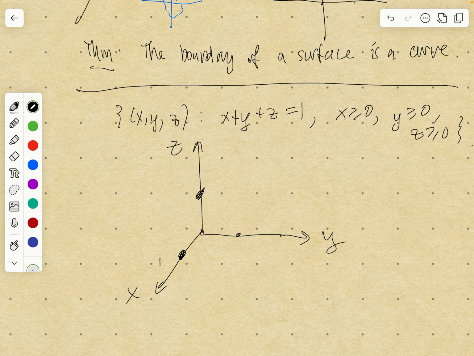This point would be 1, 0, 0, this point would be 0, 1, 0, and this point would be 0, 0, 1. All those points lie on the plane, and the plane is just the plane that contains those 3 points. But then you're only looking at the parts where x, y, and z are all non-negative, and so you really just get this piece. It's like a triangle.